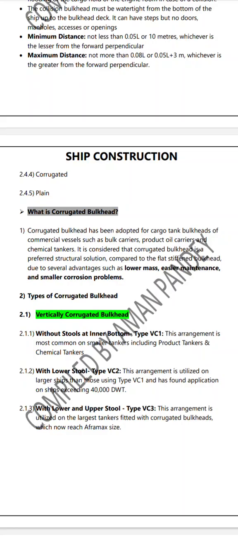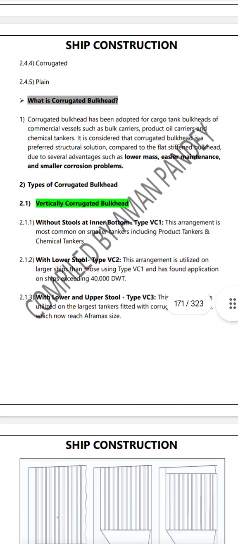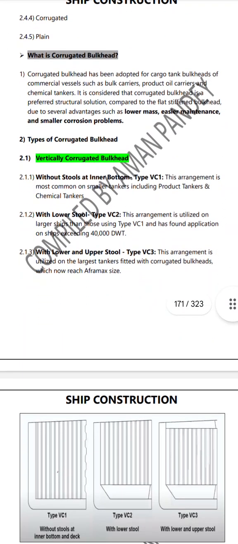Corrugated bulkhead is used because of the lower mass, no corrosion problem, expansion property, easy cleaning, and easier maintenance. It has found application on ships exceeding 40,000 deadweight, mostly with lower stools, and Aframax size.